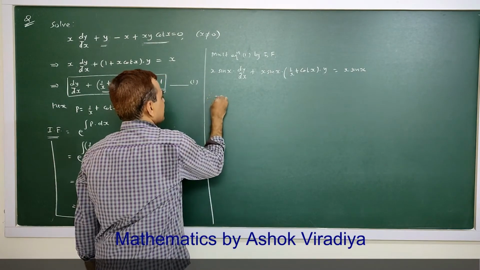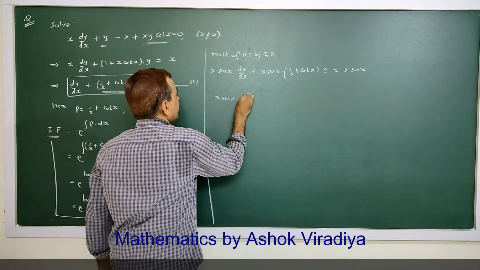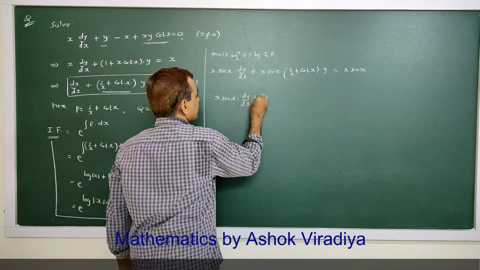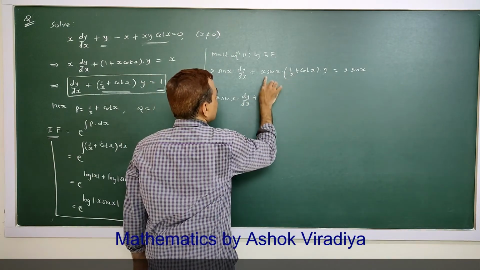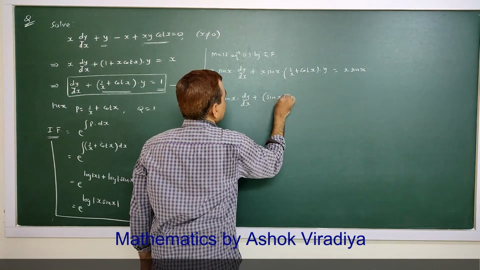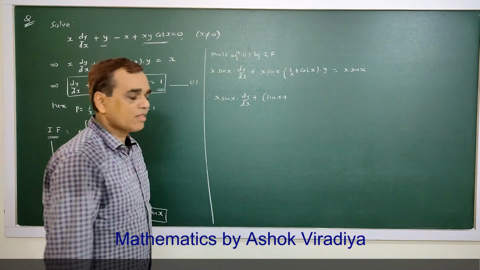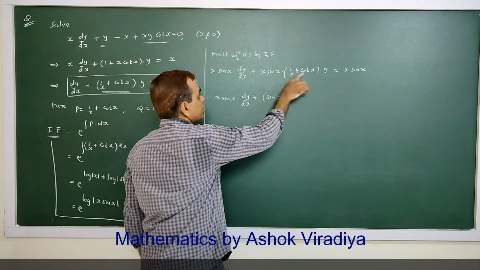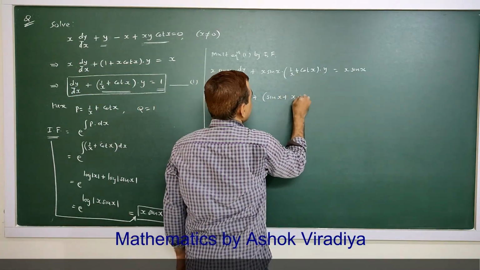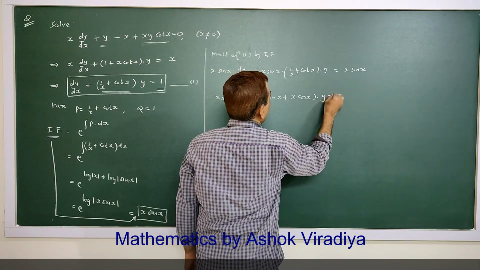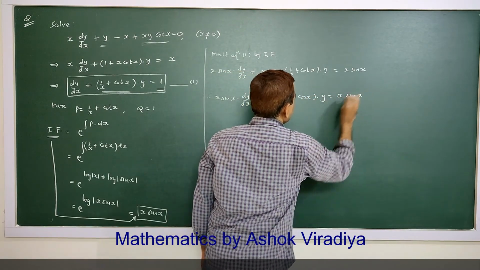x sin x into dy by dx plus, multiplying these two, it is sin x plus, multiplying these two, it is x cos x into y is x sin x.